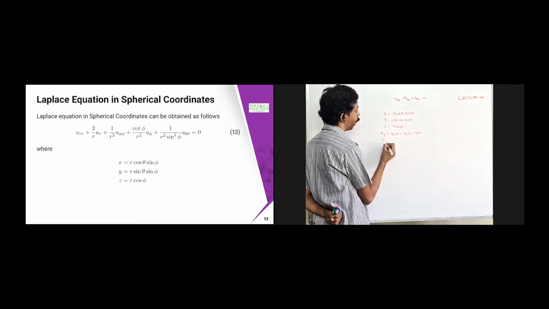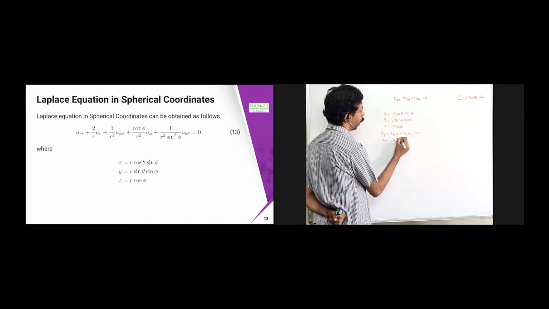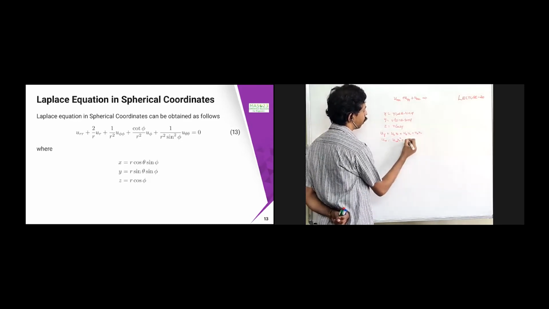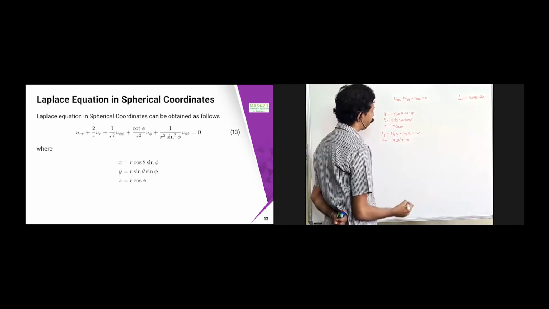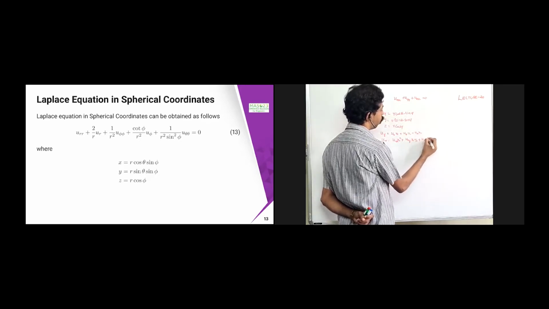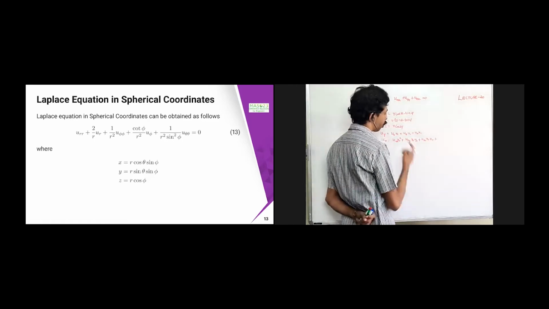Similarly, you can find u_rr, which is going to be u_xx into x_r squared plus u_xy into x_r y_r, plus u_xz into x_r z_r, and then almost 9 terms will come, I think.